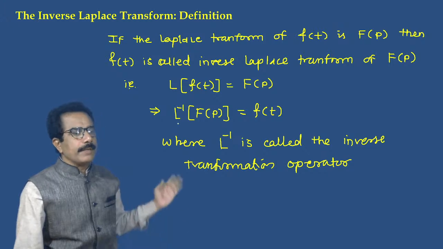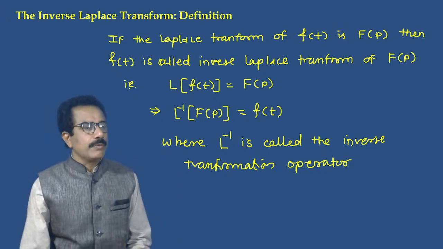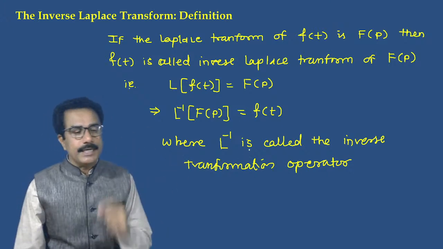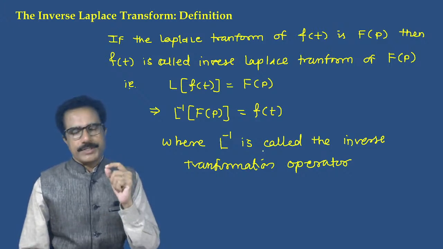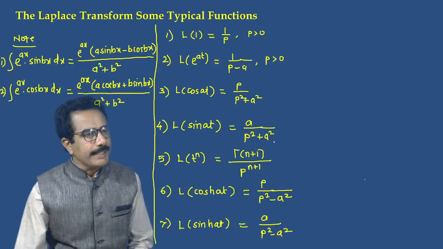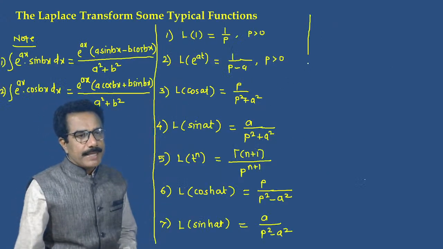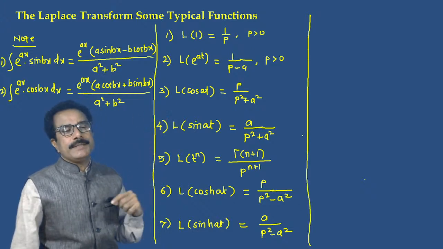So it is denoted by L inverse of capital F of p is equal to small f of t. This is the definition, and here L inverse is called an inverse transformation operator.